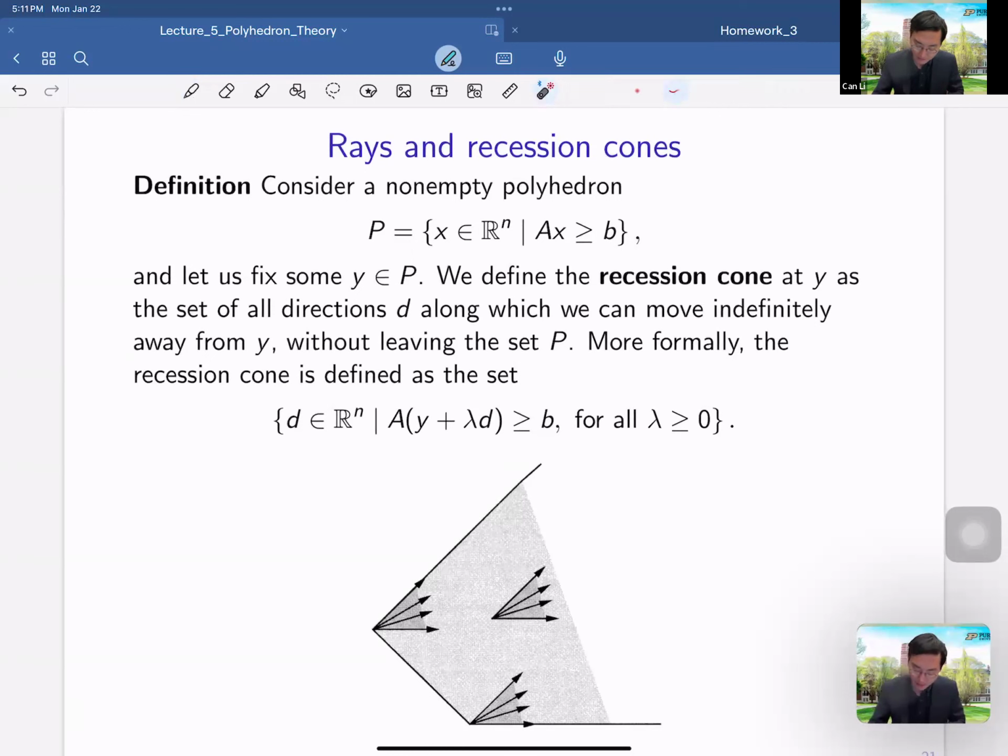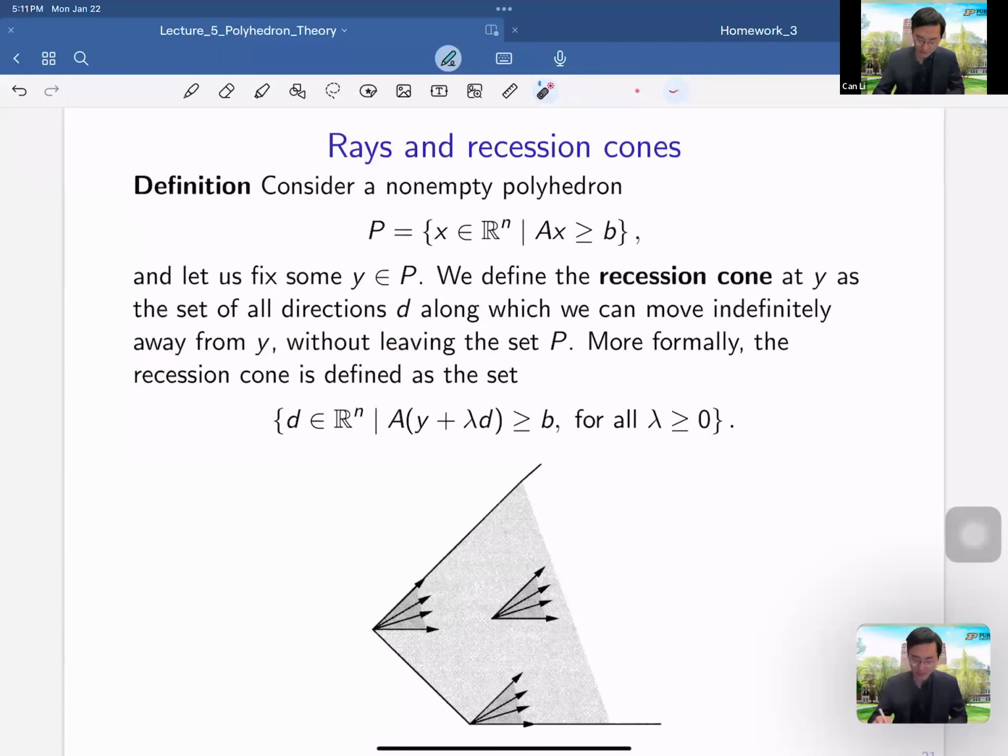And then we define the recession cone at a given point y as the set of directions d along which we can move indefinitely away from y without leaving the set P.